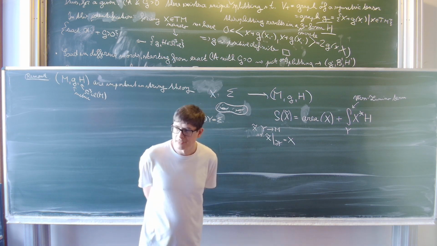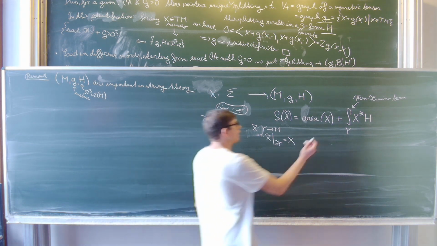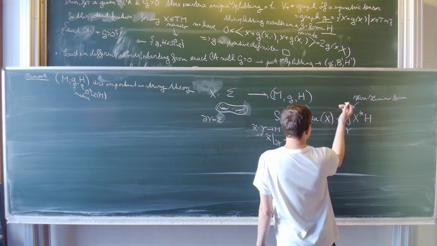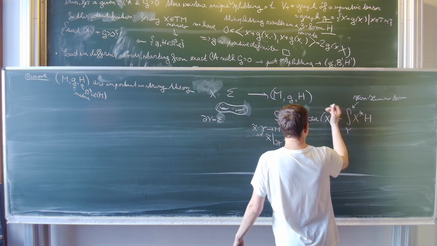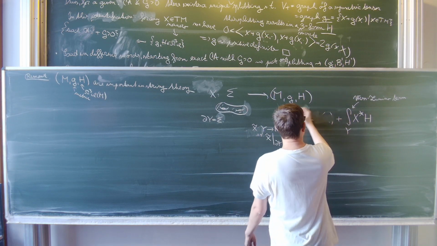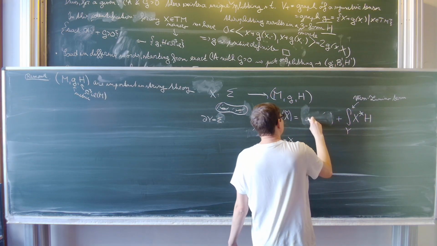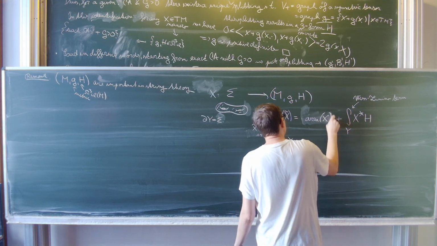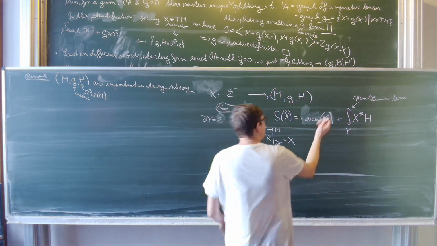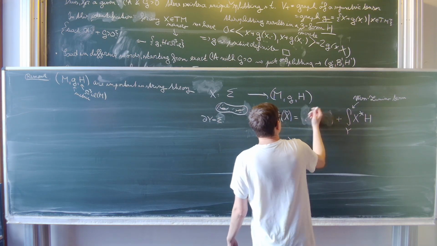So, area of X with respect to the pullback. Area of sigma. Okay, I see the confusion now.